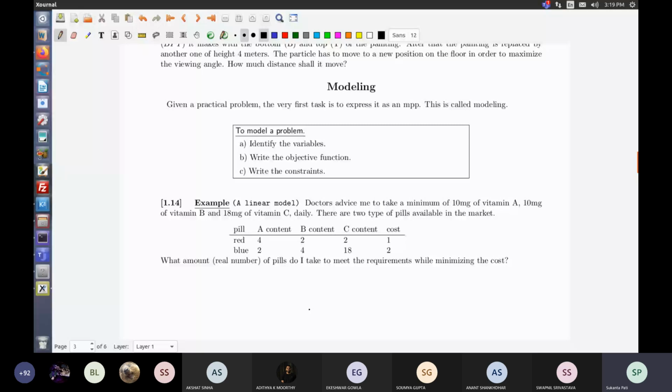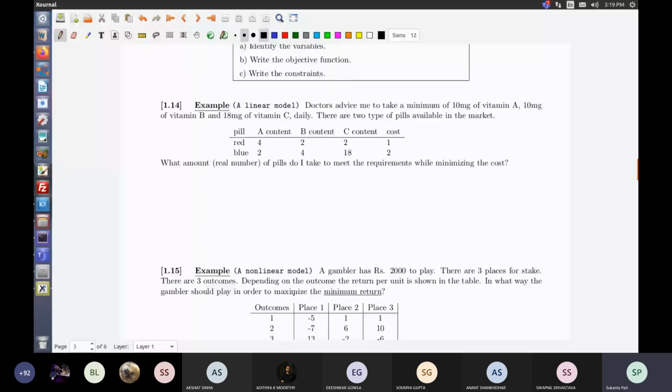For example, let's see a linear model. The problem says that doctors advise me to take a minimum of 10 mg of vitamin A, 10 mg of vitamin B and 18 mg of vitamin C daily.